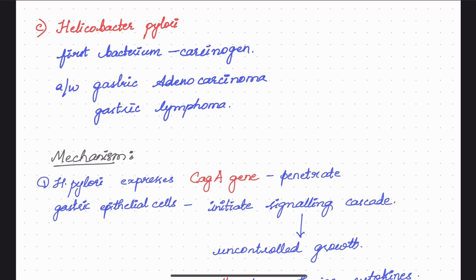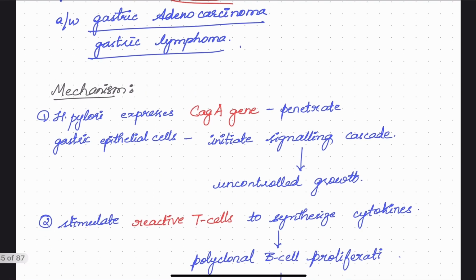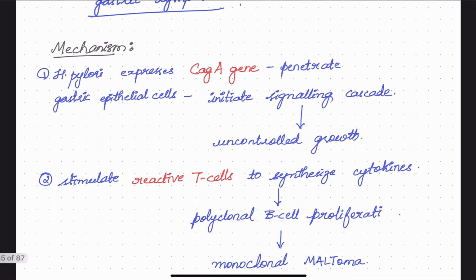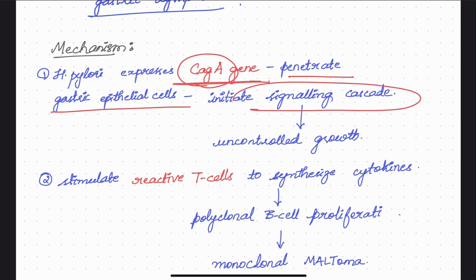Coming to bacteria, H. pylori, Helicobacter pylori, is the first ever bacterium to be classified as a carcinogen. It is associated with gastric adenocarcinoma and gastric lymphomas. The mechanism is that H. pylori expresses the CagA gene, which penetrates the gastric epithelial cells and initiates a signaling cascade leading to uncontrolled growth.